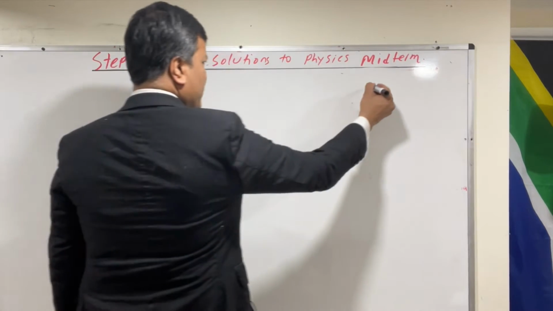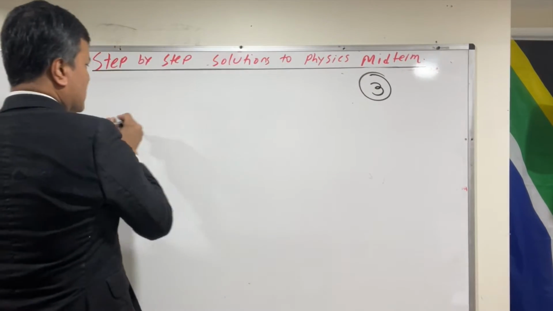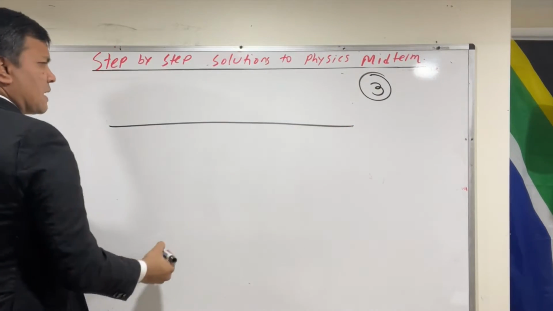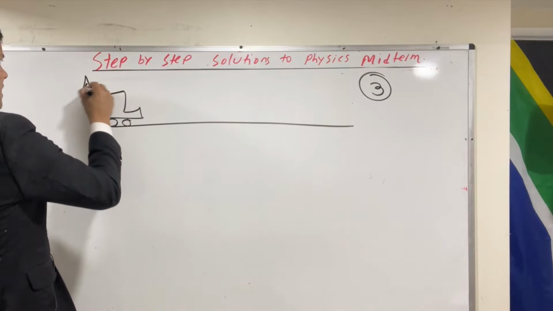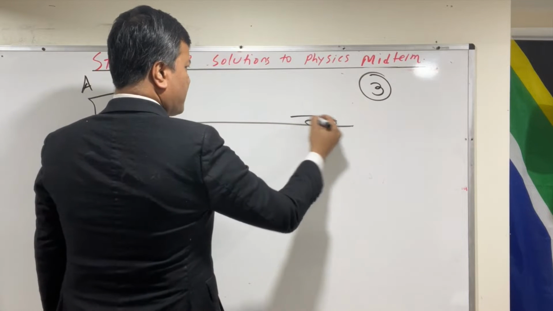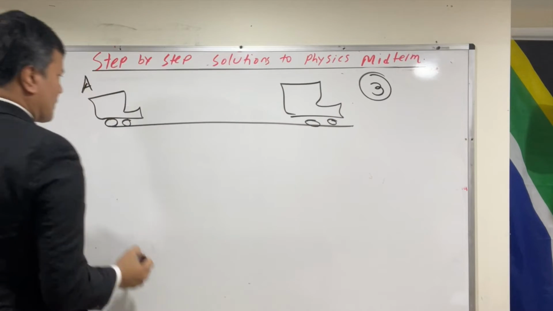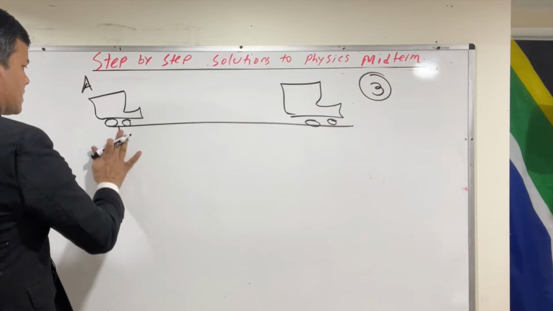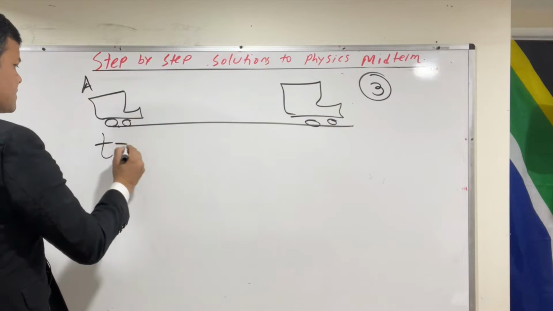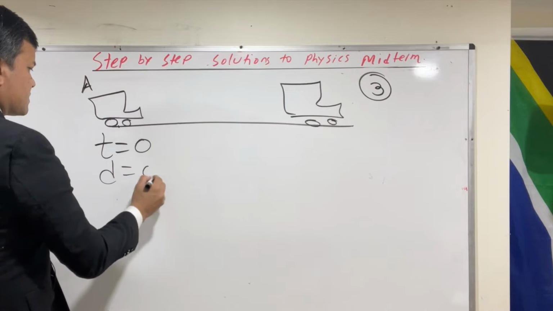That has to do with two cars. There is a road and the car A. So this is car A and this is car B. Let's say this is right here, the time is 0, distance is 0.